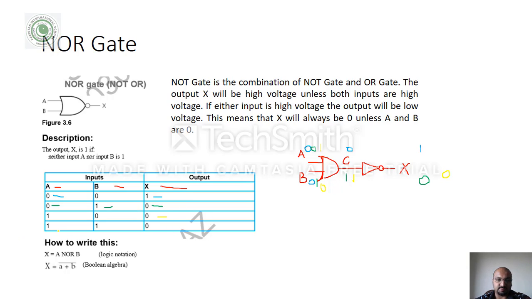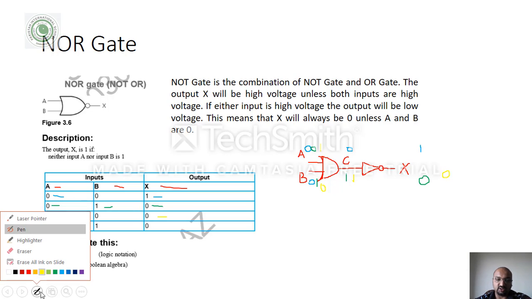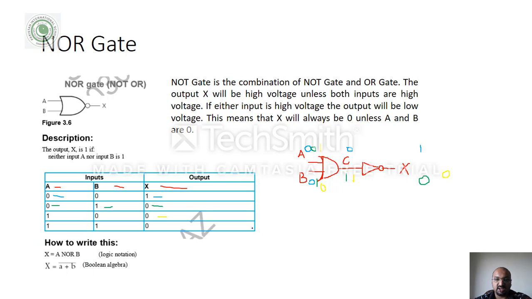Now the last case, 1, 1 and 0. How does it become that? Let me demonstrate this as well. Here it is high voltage and here also high voltage. In an OR gate, whenever there is high voltage at A and at B, the output will be high voltage. So when high voltage passes through the NOT gate, it becomes 0. That's what it is.